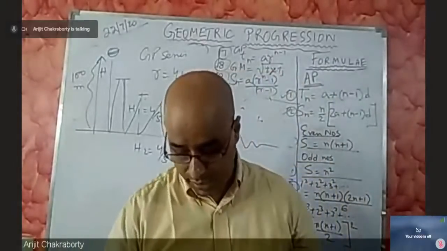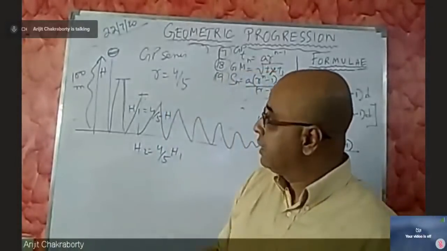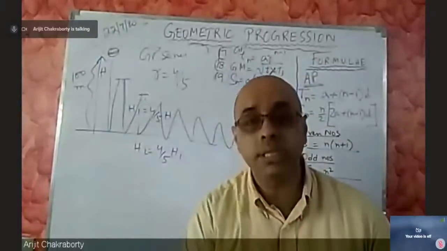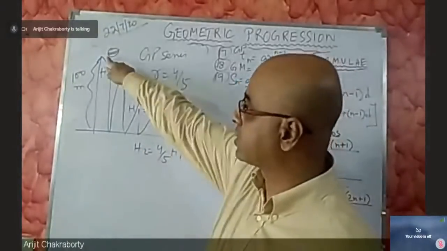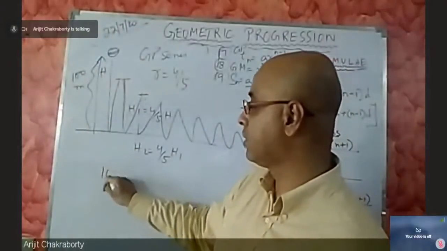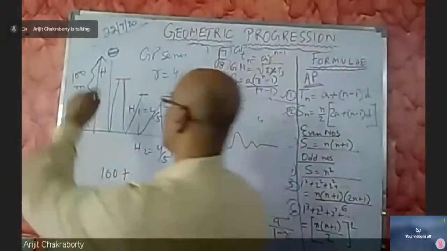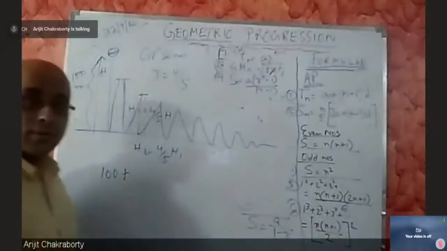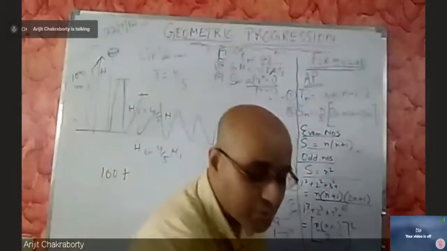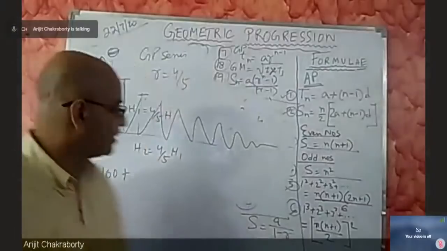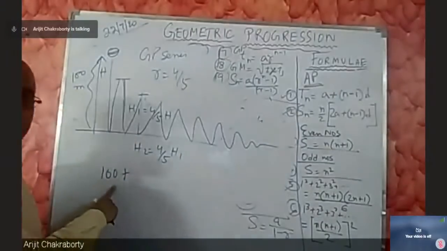And therefore, what exactly happens? Let's analyze. The first time it falls is definitely from a height of 100 feet. So 100 plus. Be very careful. Now I have kept away the ball, no more playing. It's time to concentrate. So 100 plus.